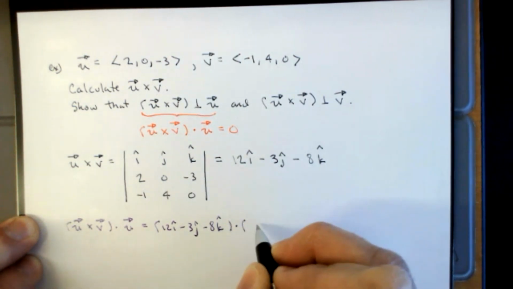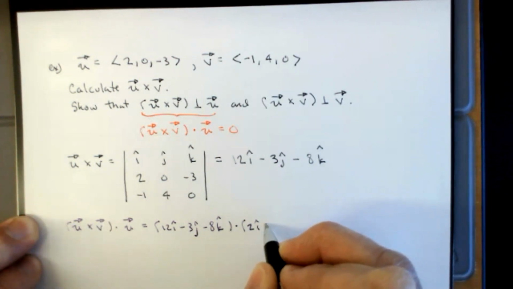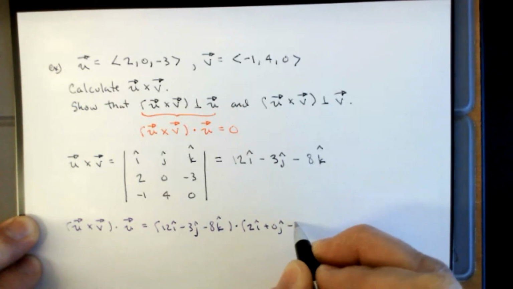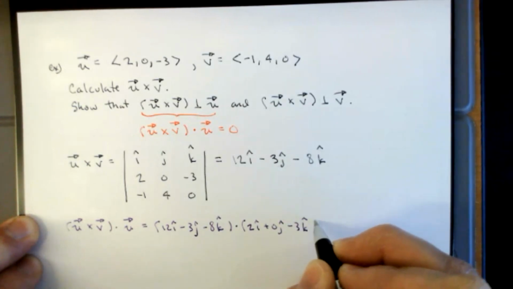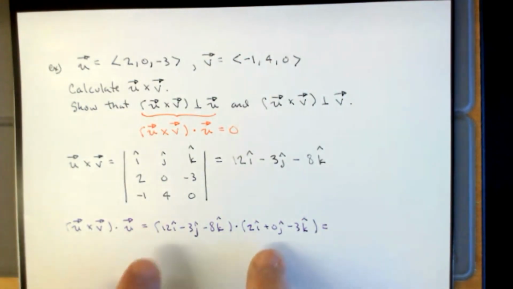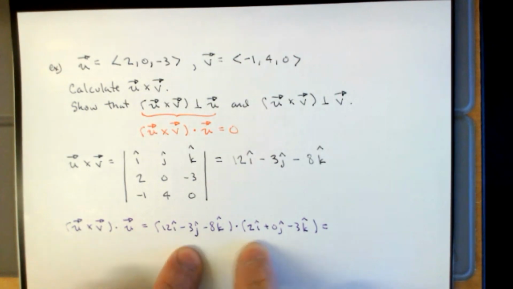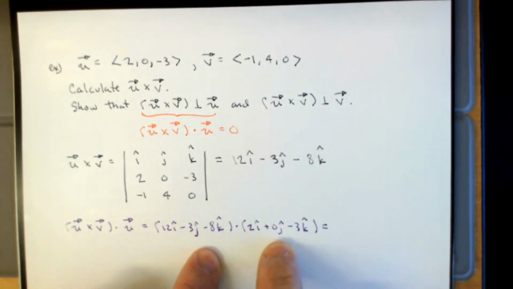dot 2i plus 0j minus 3k. So I just multiply the corresponding components. 12 times 2 plus -3 times 0 plus -8 times -3.